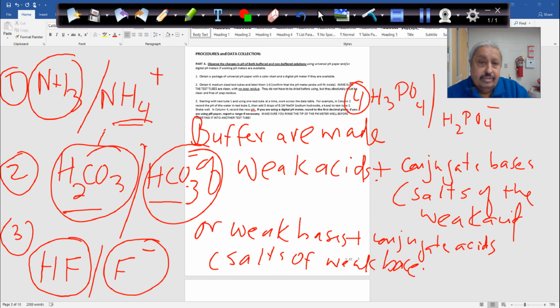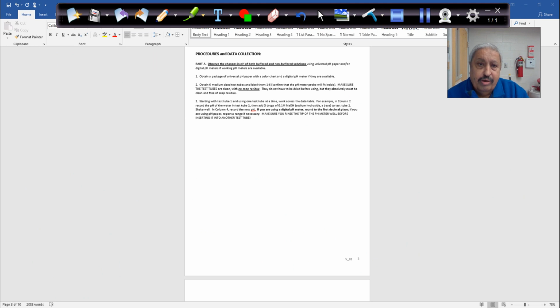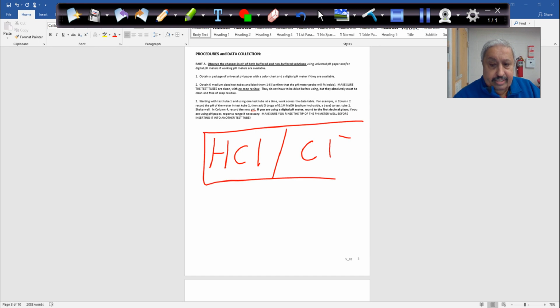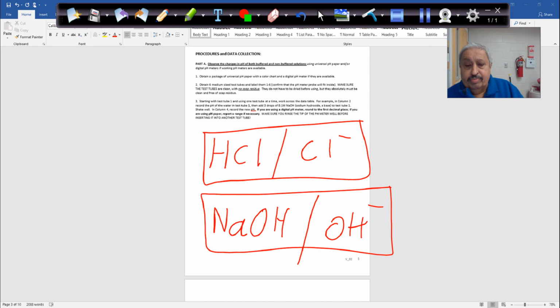So here it is. How about if I make a buffer made of HCl and Cl minus? Is this a buffer? How about this one here? Are those two buffers or not? What do you think?